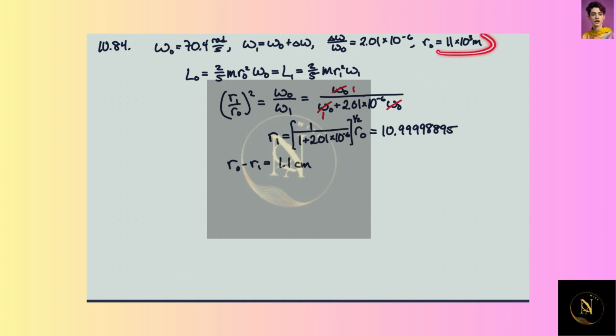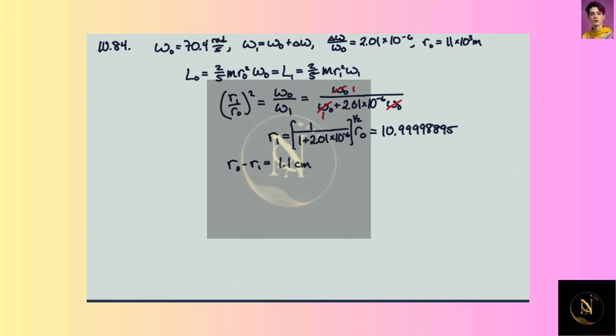But again, I would say it would be a lot better to just say what is the ratio of the radii change here, because if we only know this to 11 kilometers, two significant digits, then this is just 11 kilometers too. So I don't think it's a very good problem, in that we have significant digit issues.